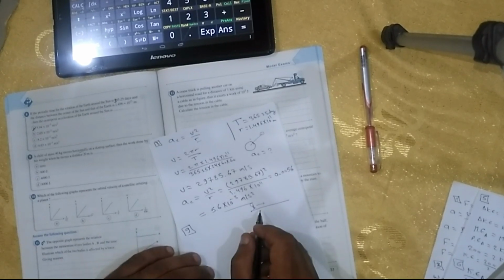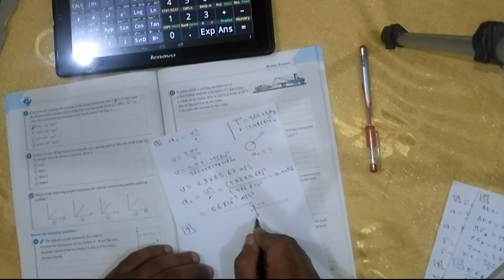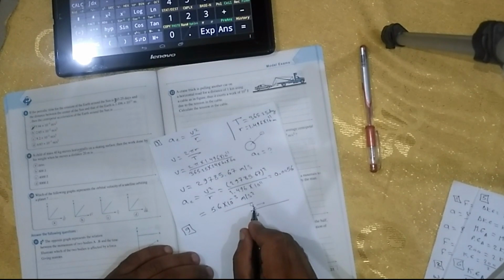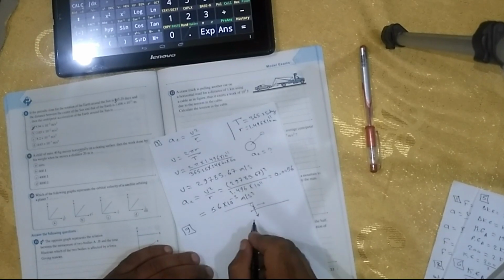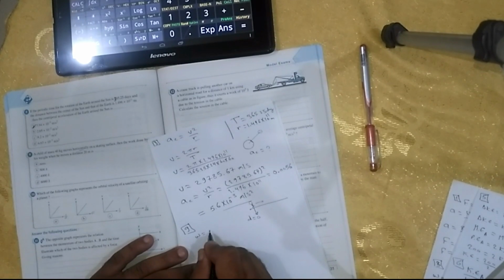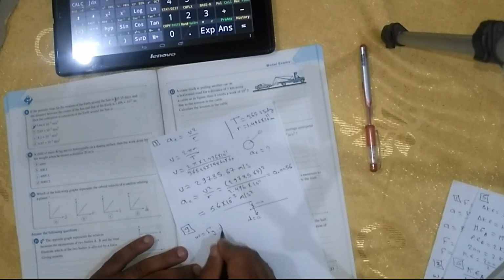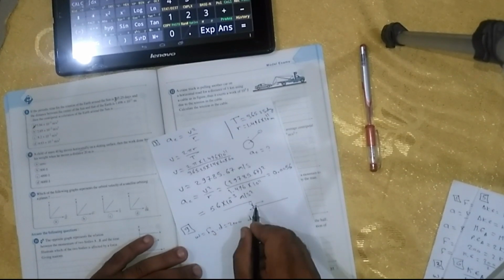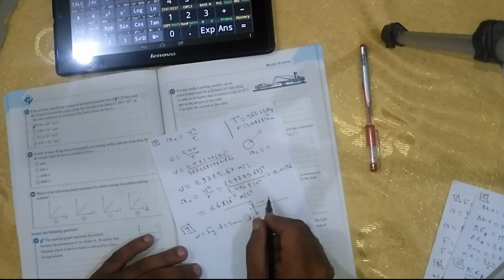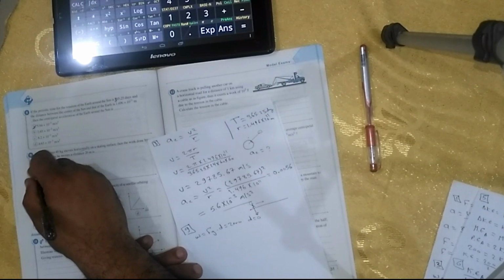Weight acts downward, so the displacement of this child in the vertical direction is 0. D equals 0. So work equals Fg times D equals 0, because the child moves horizontally. Work done equals 0.